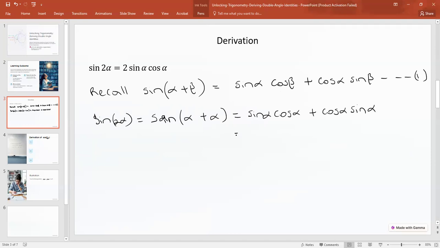Let's rewrite this nicely to obtain sine of alpha times cosine of alpha plus sine of alpha times cosine of alpha. This implies we're going to obtain 2 sine alpha cos alpha. End of proof. We have proven that sine 2 alpha is equal to 2 sine alpha times cos alpha.